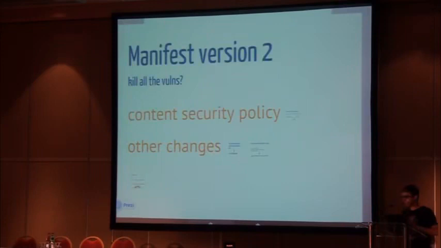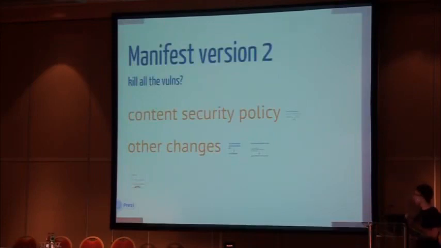So Google introduced, around a year ago, something called Manifest version 2. And of course, Manifest version 2 extensions most of the time need to be rewritten. So it's not just changing one file, it's basically changing the whole extension most of the time.